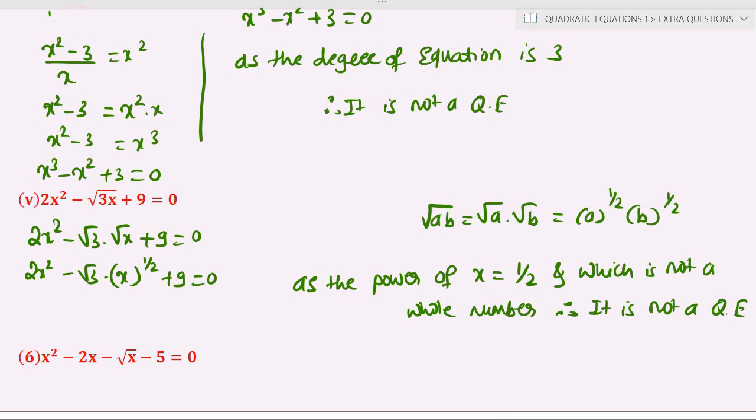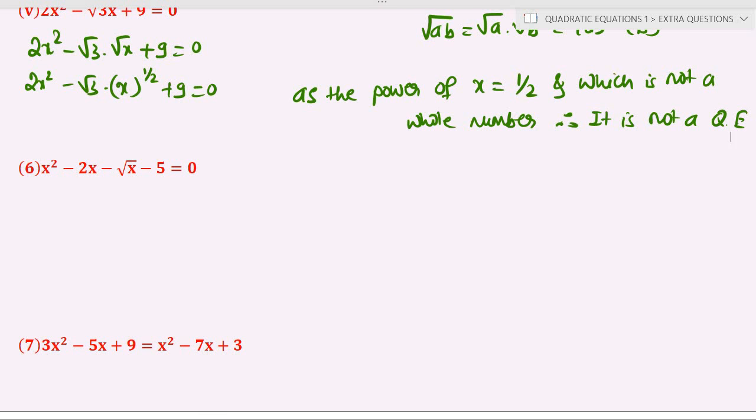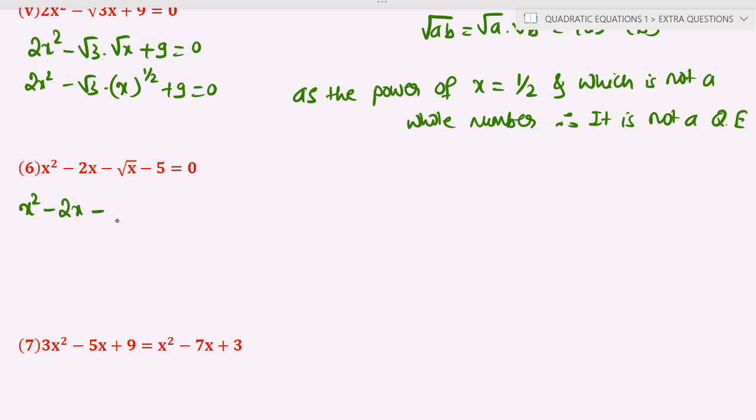Let us move to the next question now. Again, here what I have given, x square minus 2x root x, how will you write? x to the power 1 by 2, minus 5 is equal to 0.